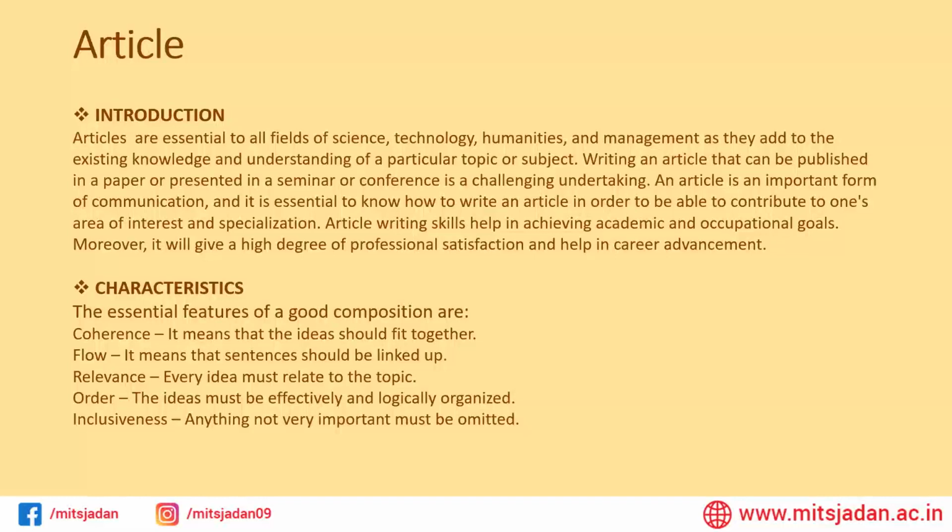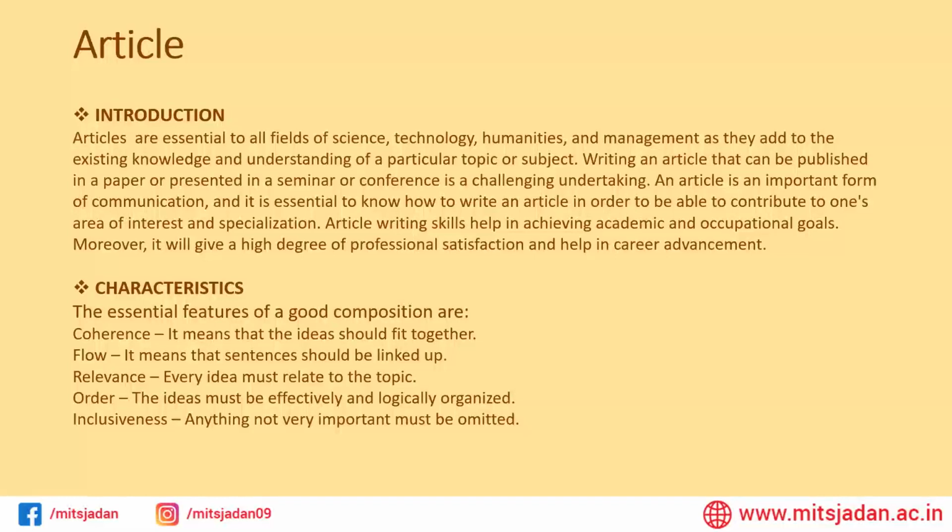Second is the flow. Flow is also talking about the same thing. It means that the sentences should be linked up. Unmatched or decentralized sentences are really not welcome at any cost. Next is relevance. Relevance basically deals with the topic. Whatever topic we have chosen, the entire information and the sentences must be regarding that particular topic.